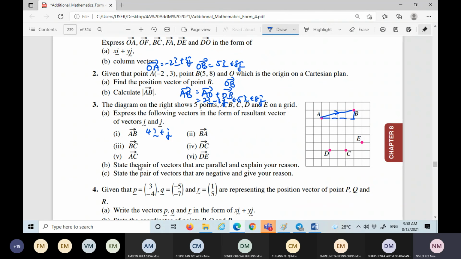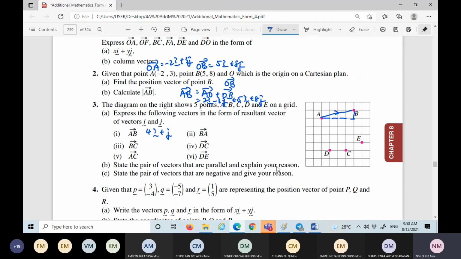Now we go to part B. State the pair of vectors that are parallel and explain your reason. This is like just now the example 14. So the reason you can use is because of the multiplication of a scalar. Then state the pair of vectors that are negative and give your reason.